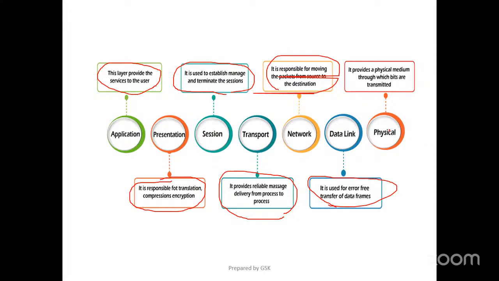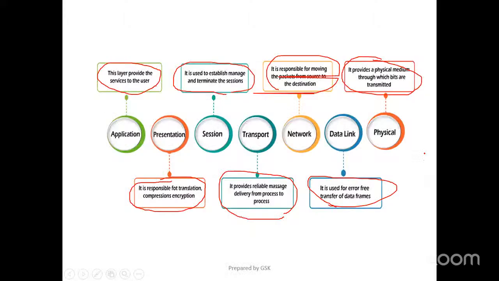And physical layer: it provides the physical media through which the data bits are transmitted. So probably we covered all the points, and we spent a lot of time on the OSI layers because it is a very, very important topic. You have 3 units regarding the OSI layers only. We covered all the major points about the OSI layers.